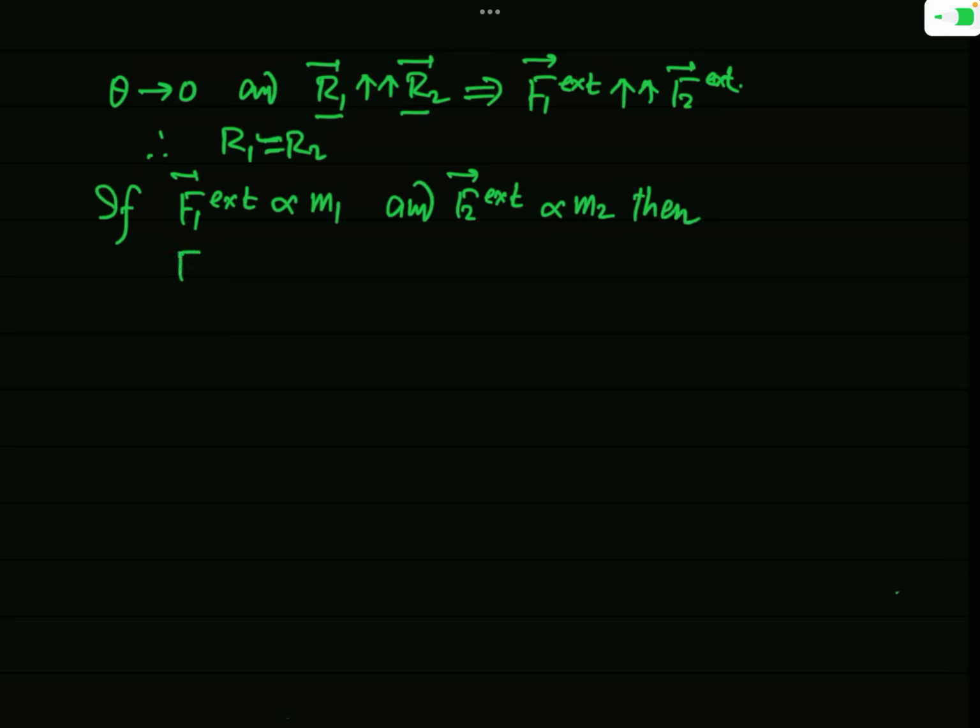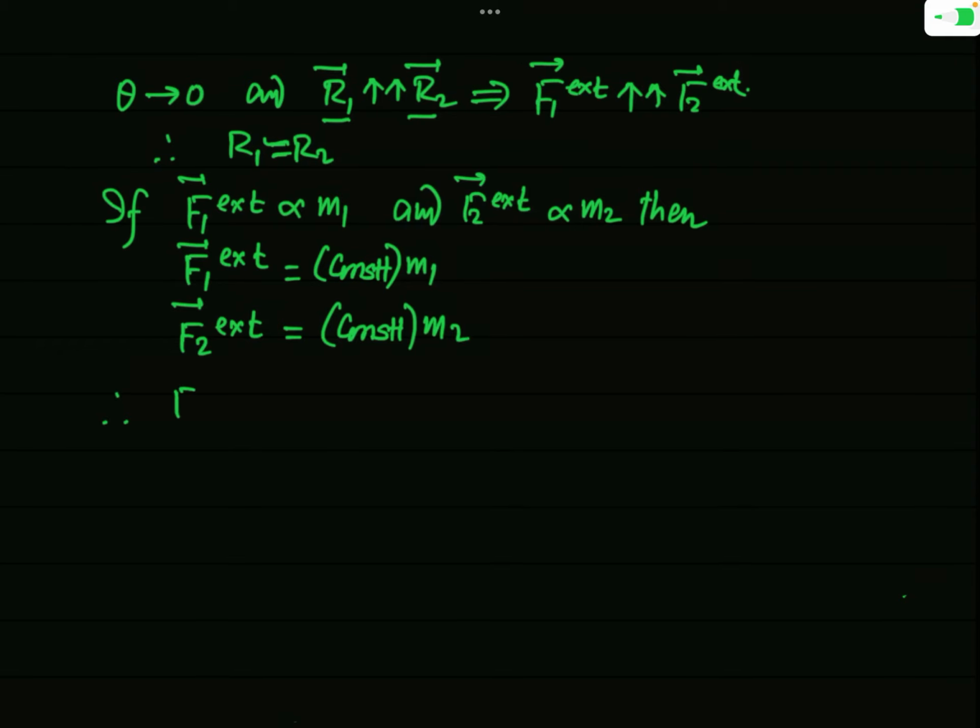In that condition, F1 external will be equal to a constant times M1, and F2 external will also be equal to the same constant times M2, and therefore you can see from here that F1 external over M1 will be equal to F2 external over M2, and this will be equal to the constant.